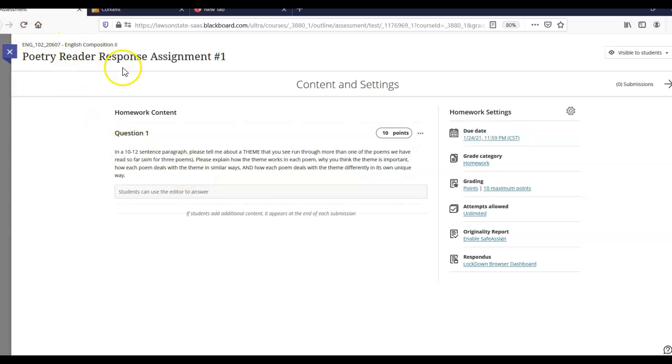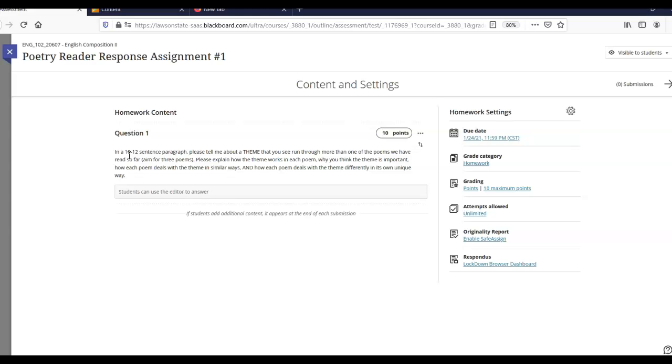So in order to do this, we need to make sure you understand what a theme is. A theme is just an idea that runs through a whole poem. And here we're looking at it as something that runs through more than one poem. So a theme might be poverty or dignity in work, or a theme might be hope or hopefulness, or you might have the theme of racial discrimination, or you might have the theme of struggles.